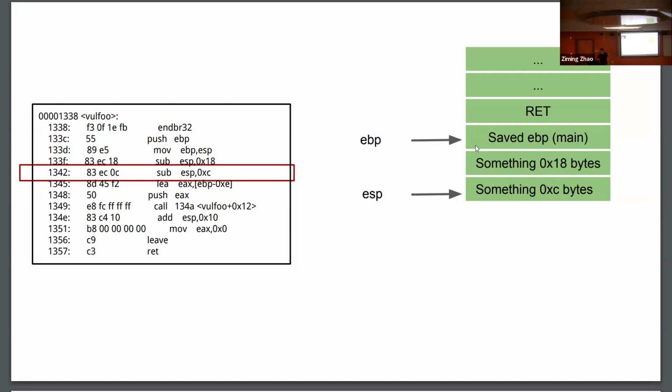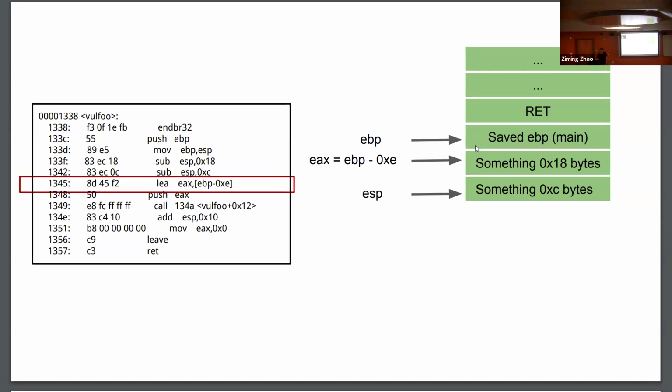Now we know the effective address is EBP minus E. E is 14 bytes. So now we know that we're getting the address 14 bytes from the saved EBP. We don't know what that is yet. It's actually the address moved to EAX.